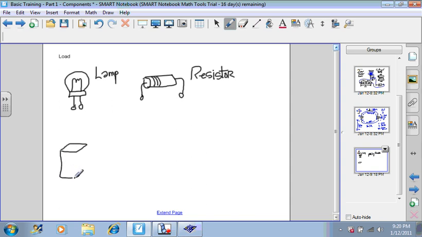An example of an electrical power source might be, let's say, a 9-volt battery. You can find these in the market. Now both of these could be connected to the 9-volt battery source, and these components would be a load on the battery.